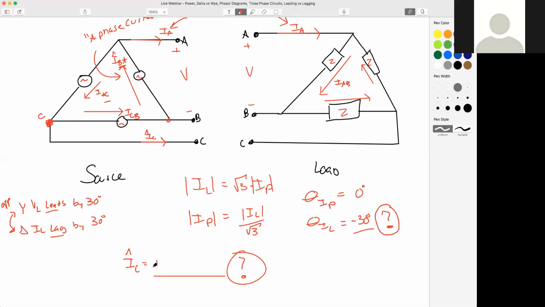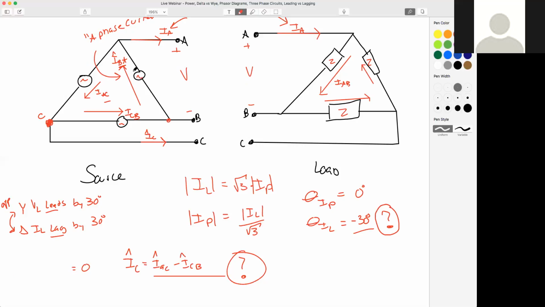So I'm going to have IAC. And then since ICB is leaving that node, we're going to subtract ICB.